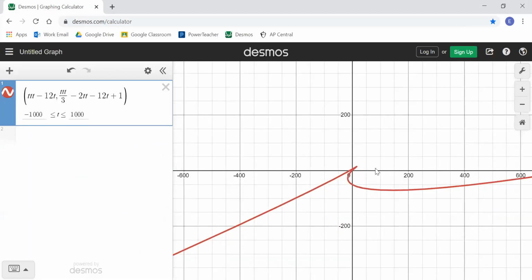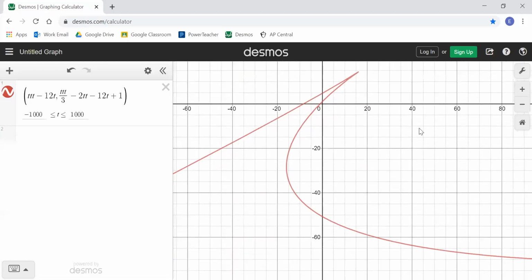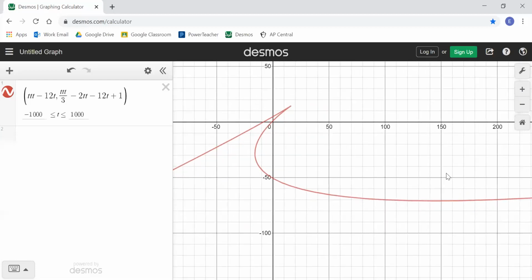Okay. And we can see, if we zoom in a little bit here, that here is that local max of the x value, and it's the local max of the y value, right? And we can see from our work that those both occurred at the same t value. Here's the local min of our x value, and somewhere over here is the local min of our y value. Everybody good with that?